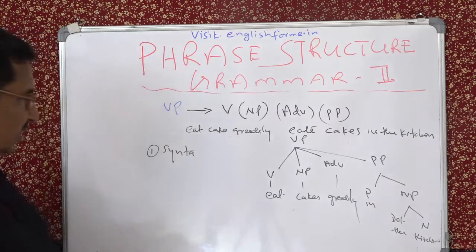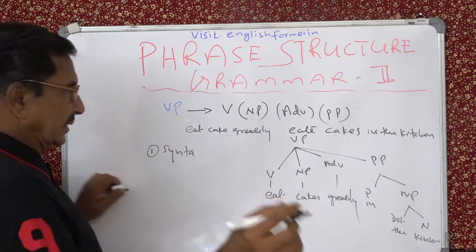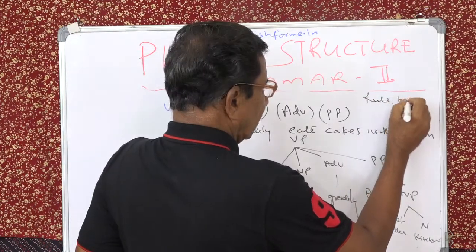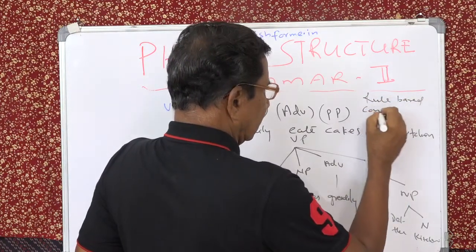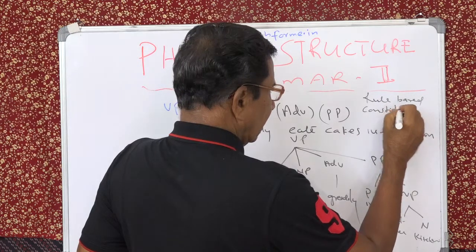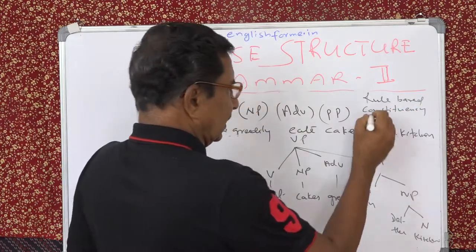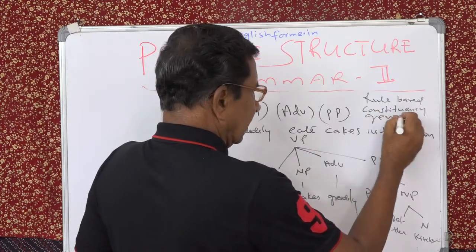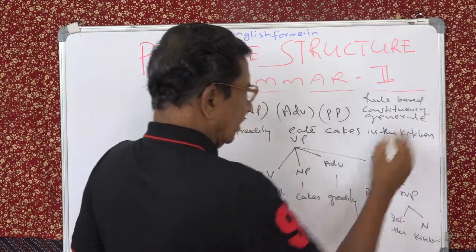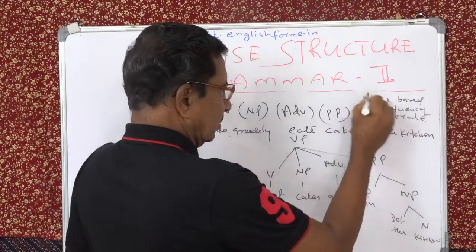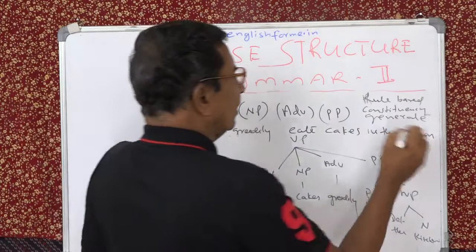So this is constituency based, rule based, and context free. Constituency means constituent grammar; you can generate with it.